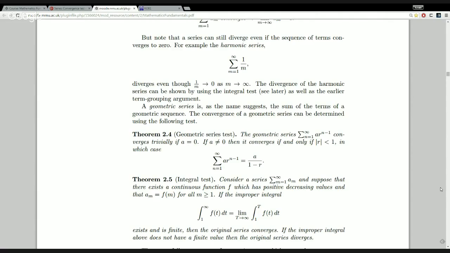So where did the 5 come from? See, in the original form, the indexing started at 0. But to match it to the standard form, the indexing begins at 1. Yeah? So the first term of this is when n equals 0. So we just separated that off completely and put it over here. Now, when n is 0, you've got something to the 0, which is 1, divided by 5 to the power minus 1.